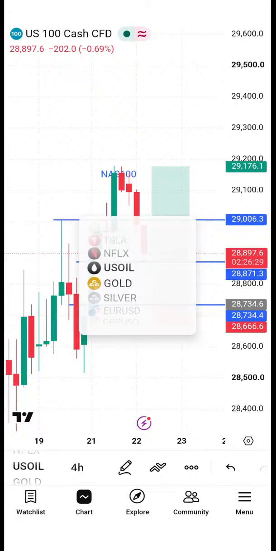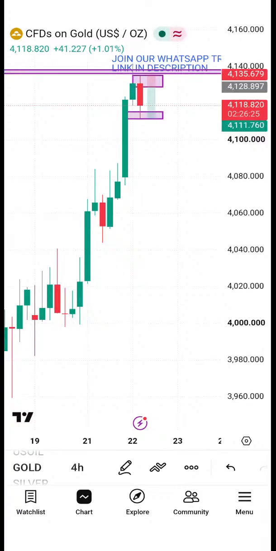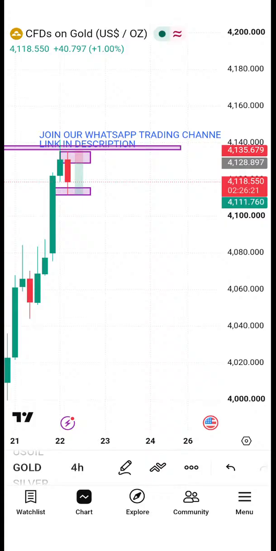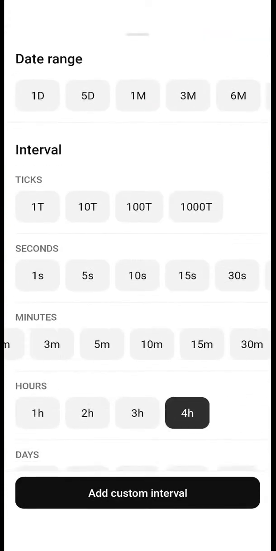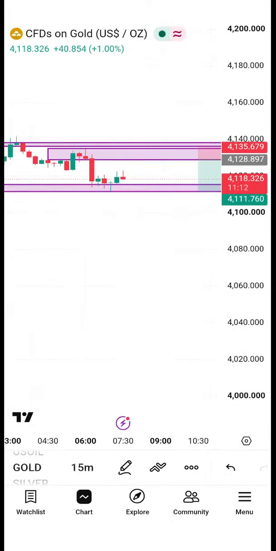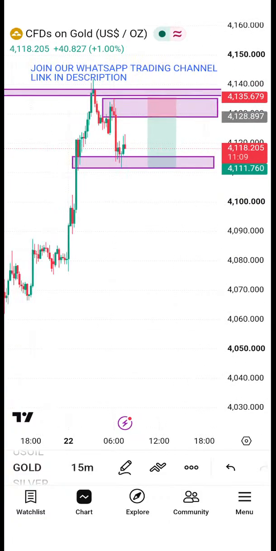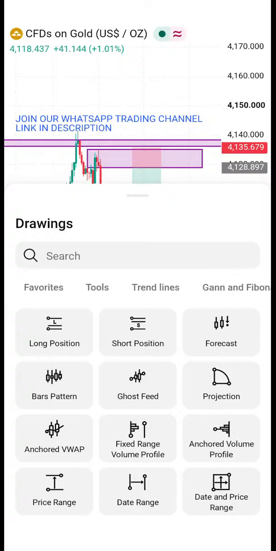The market. Then as for gold, we are looking for a sell. We're looking for a sell on gold.